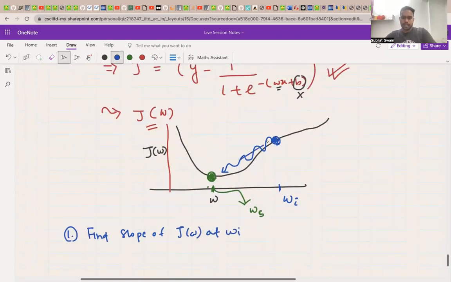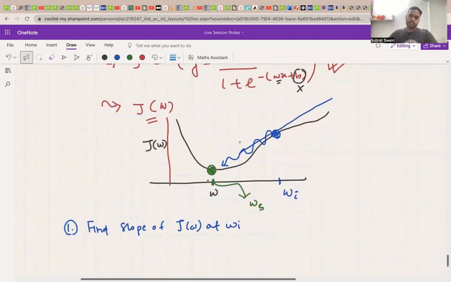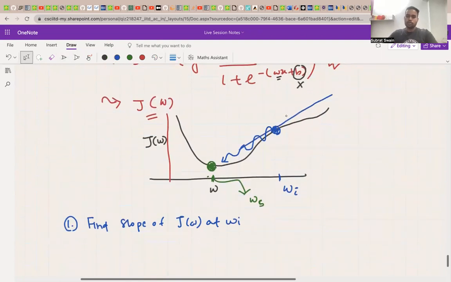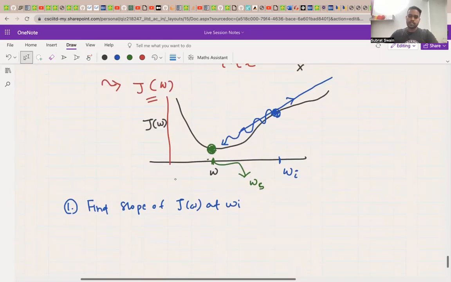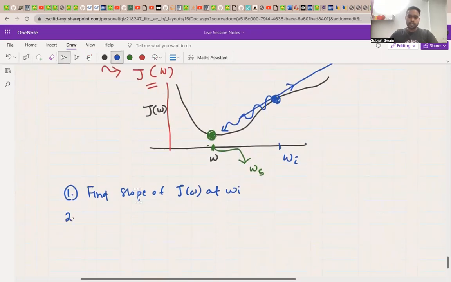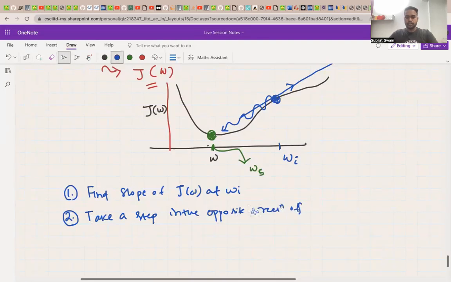I can find a slope here, right? So this is the slope. The slope will be positive in this direction. Second, take a step in the opposite direction of the slope.